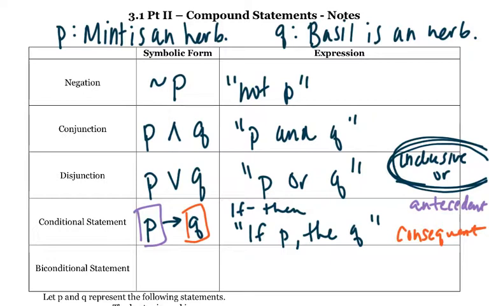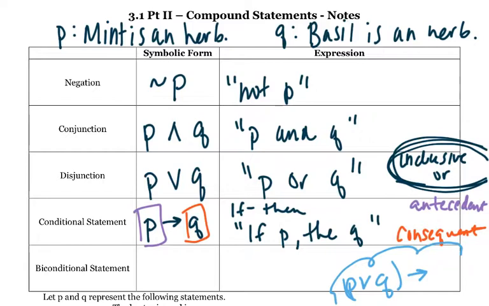What's interesting is that within all these types of statements, you can also have compound parts to it. So you could have a conditional statement where the antecedent is a compound statement. I'm going to write it down here in a little blue cloud and then we'll erase it. I could have P or Q, and we put that in parentheses.